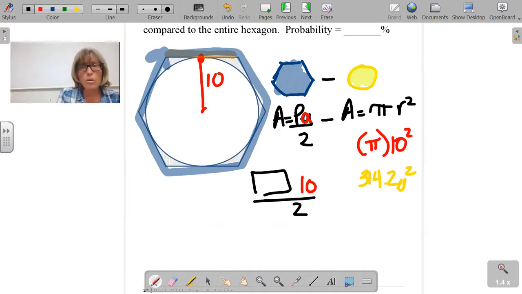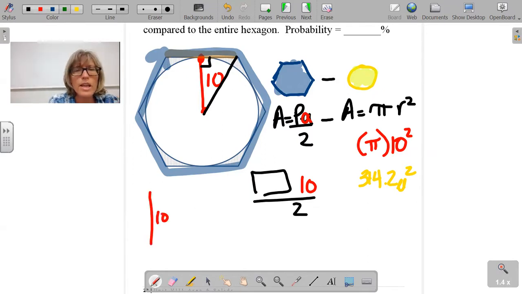So now, back to the idea that apothem is the radius there. That's a right angle. Where there's a right angle, there is a right triangle. So we're going to work that right triangle here. That's 10. We're going to get that little green piece. Got ourselves a right triangle.